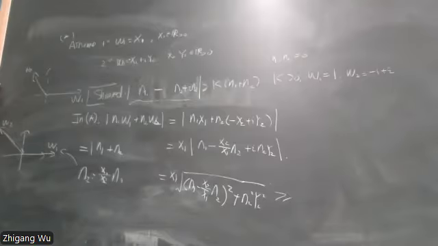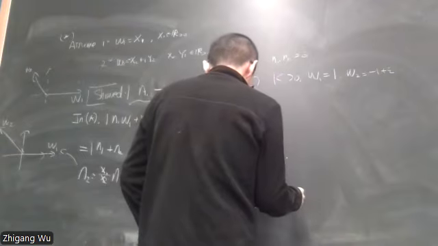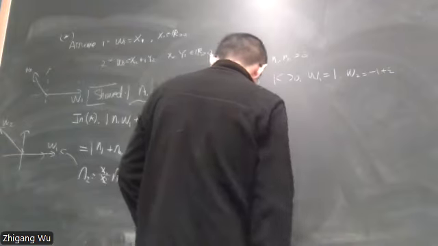So here we should have some upper bound for this n1 and n2.